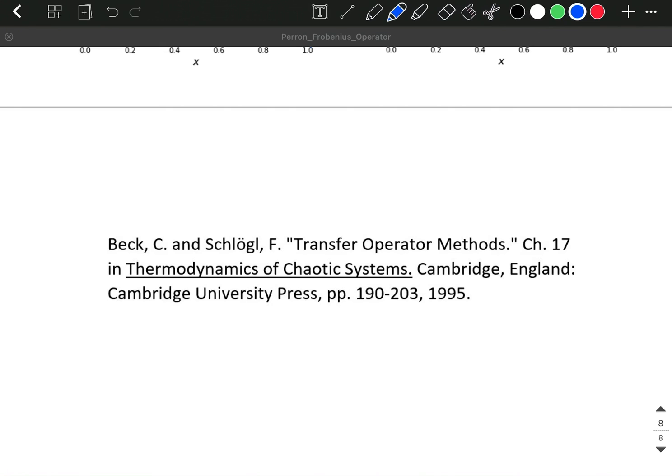The largest eigenvalue of this operator is related to the topological pressure. And so this generalized operator is actually a really powerful method for calculating the topological pressure. I would highly recommend looking at this resource and learning how that is actually done.